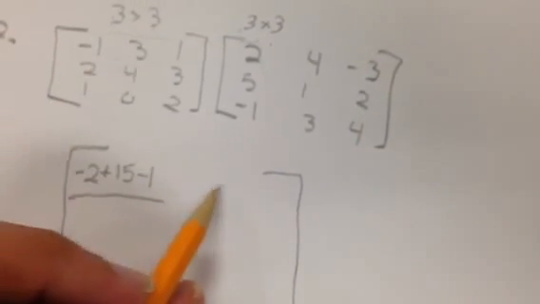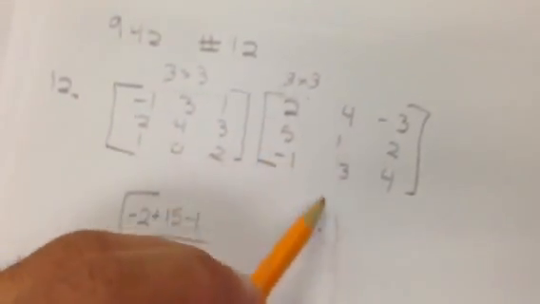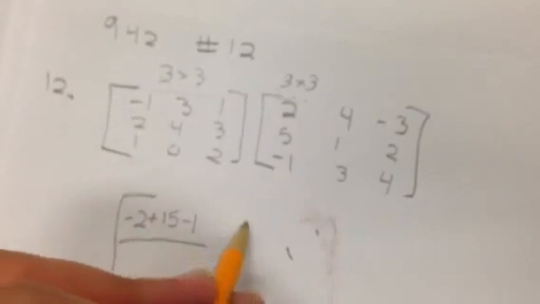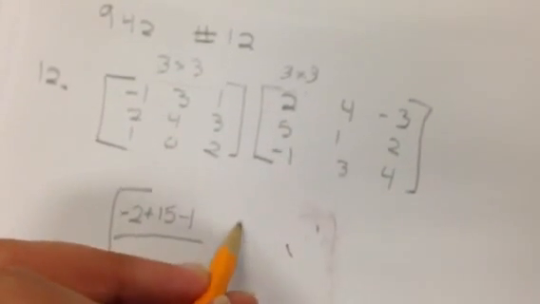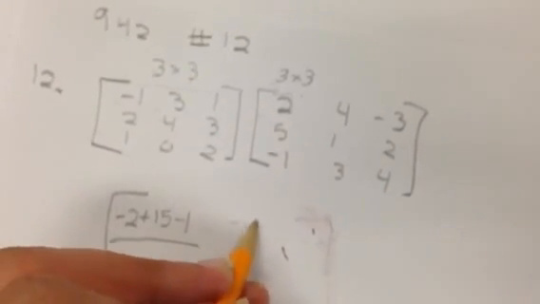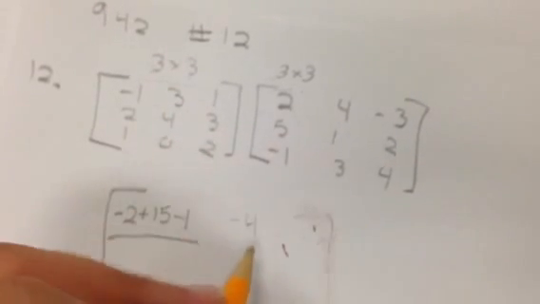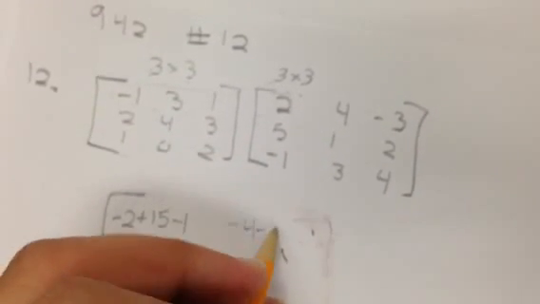Now, we're going to stay on the first row. We're just going over to the second column. I realize already I'm going to run out of space. I'm not even going to put an end on this because it's going to keep going. Row 1, column 1 is right here. So we have negative 1 times 4 is negative 4. 3 times 1 is plus 3.